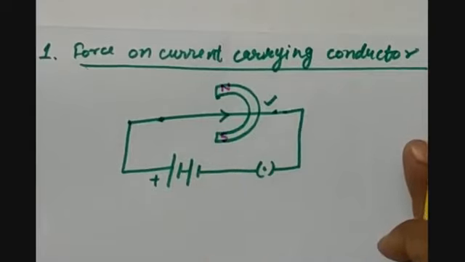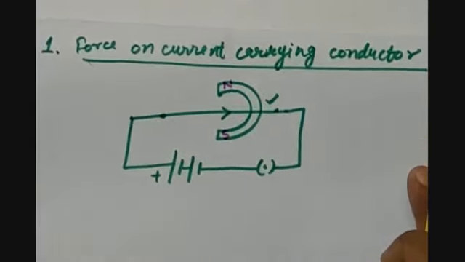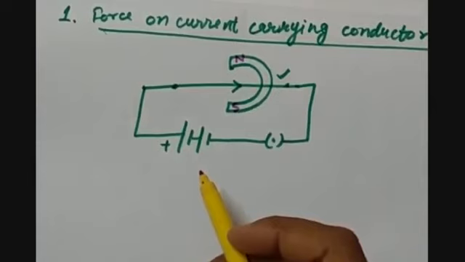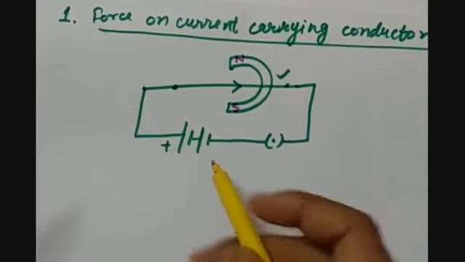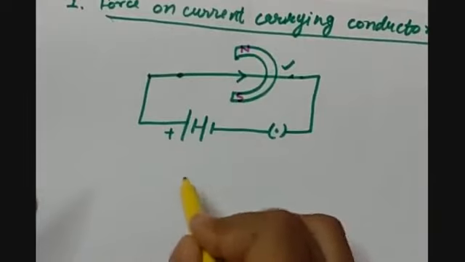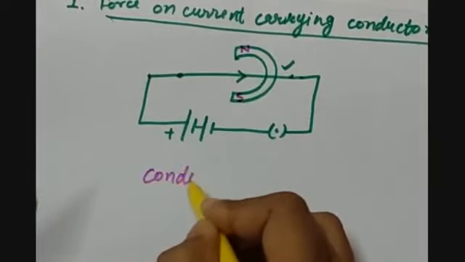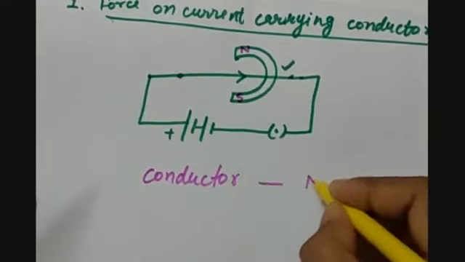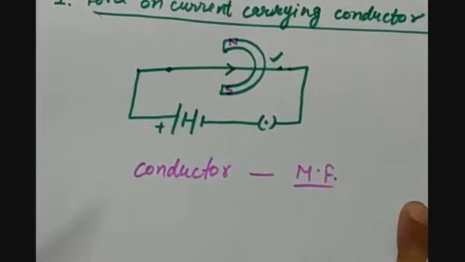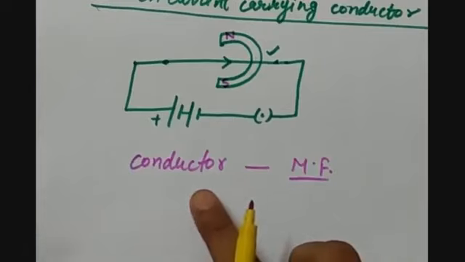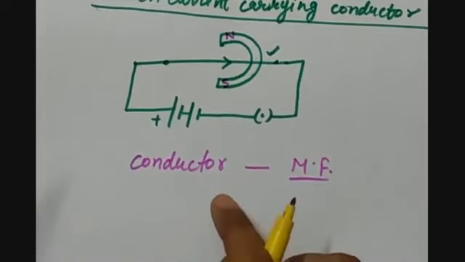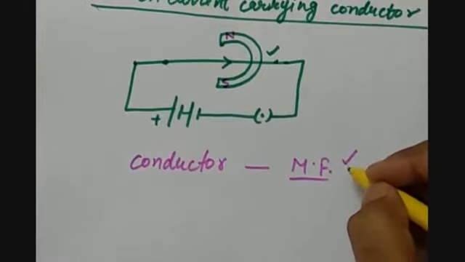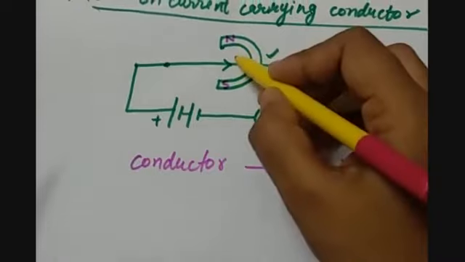Then according to the experiment done by Andre Marie Ampere, he said that when a conductor is placed perpendicular to the magnetic field, or you can say when the current carrying conductor is placed in a magnetic field, then when the current is flowing in such a way that current is perpendicular to the magnetic field, then there is a force exerted on the conductor.